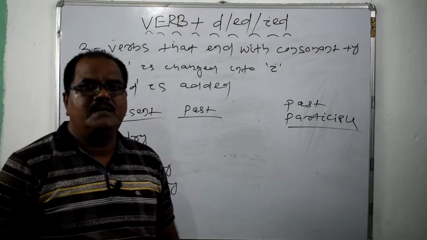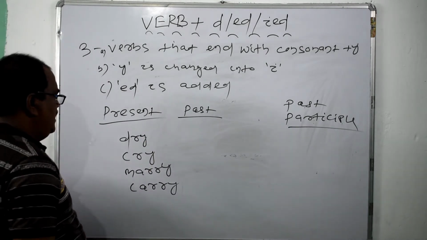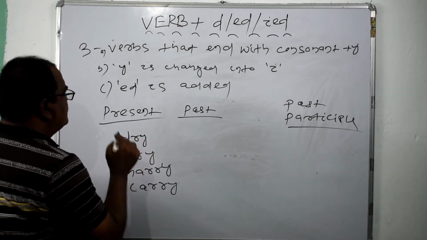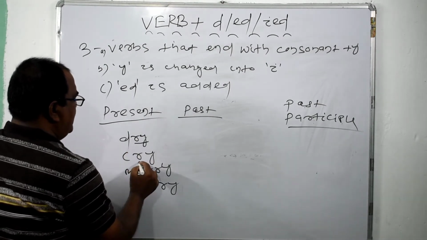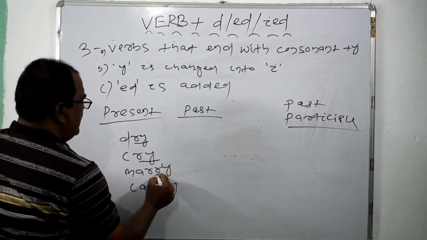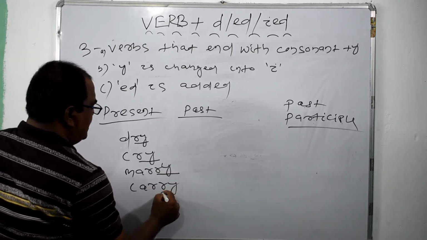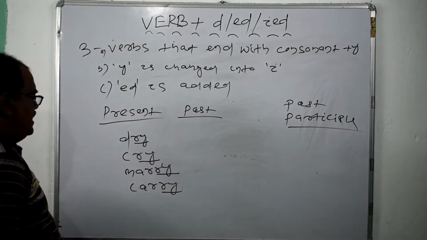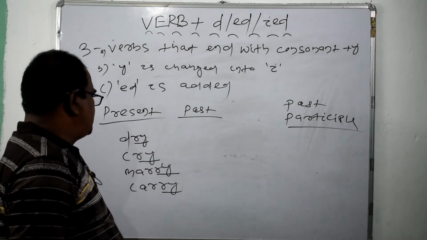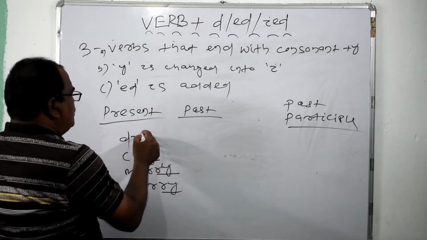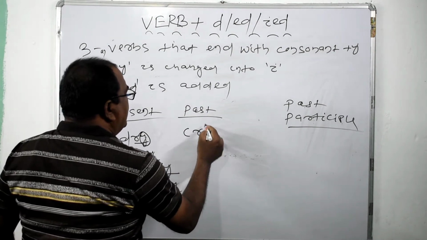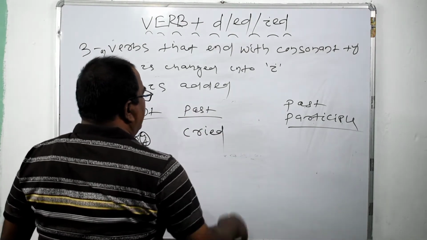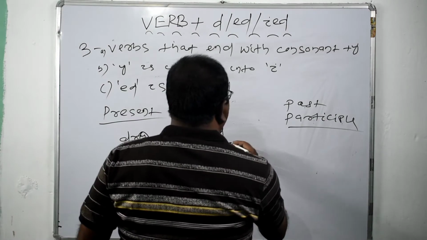Look at these verbs. Each of these verbs ends with consonant plus y. So in this case, this y is changed into i. Then ed is added. Cry, cried, cried.